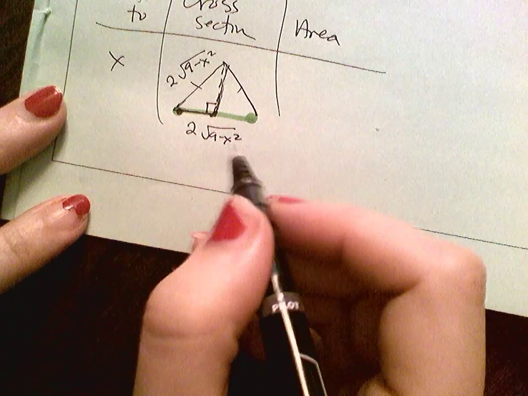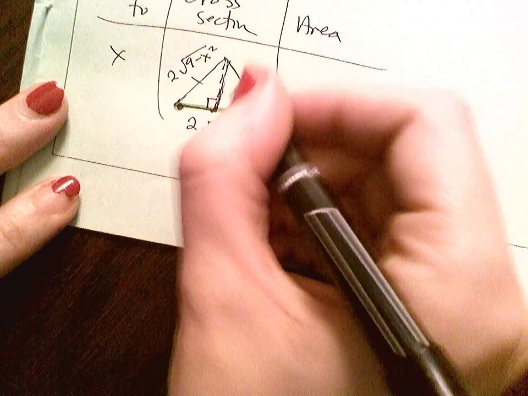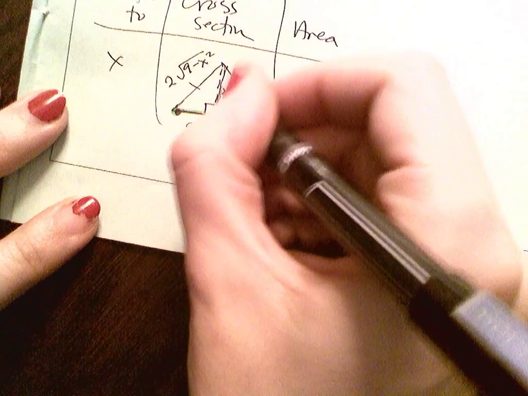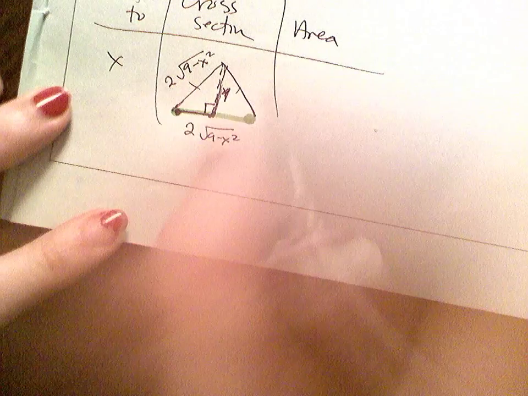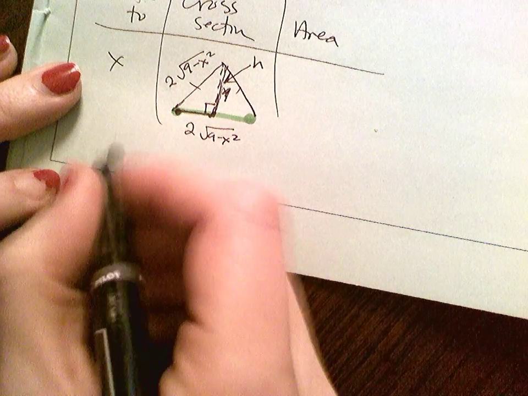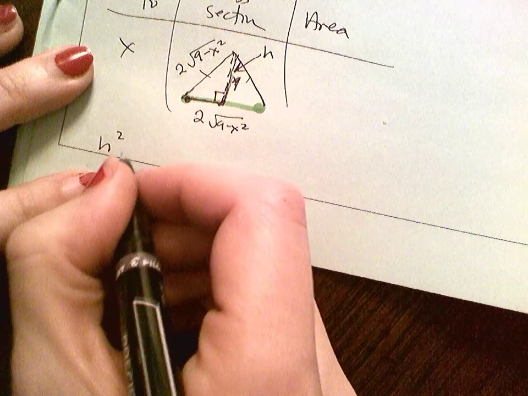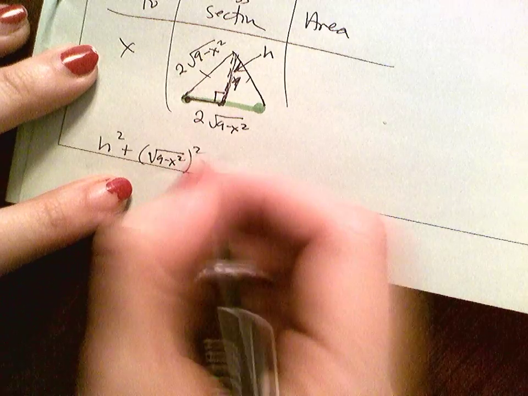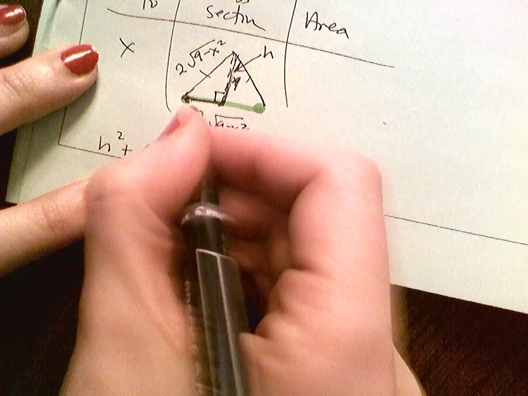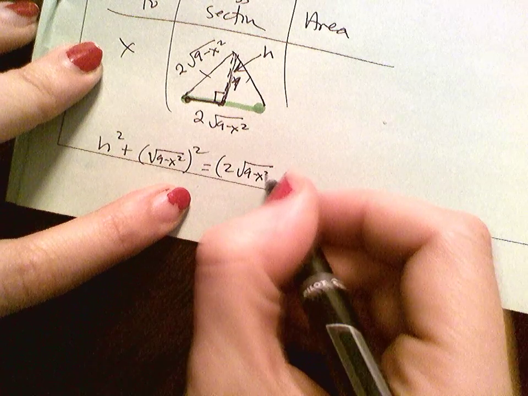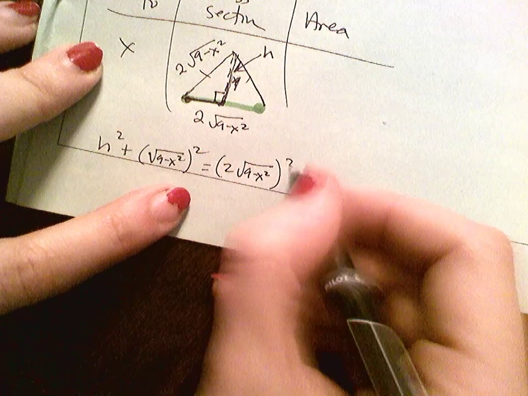I'm trying to find this here. Off to the side, I'll call this h for height. So by the Pythagorean theorem, h squared plus radical 9 minus x squared, squared, which is just this part right there, is equal to 2 radical 9 minus x squared, squared.